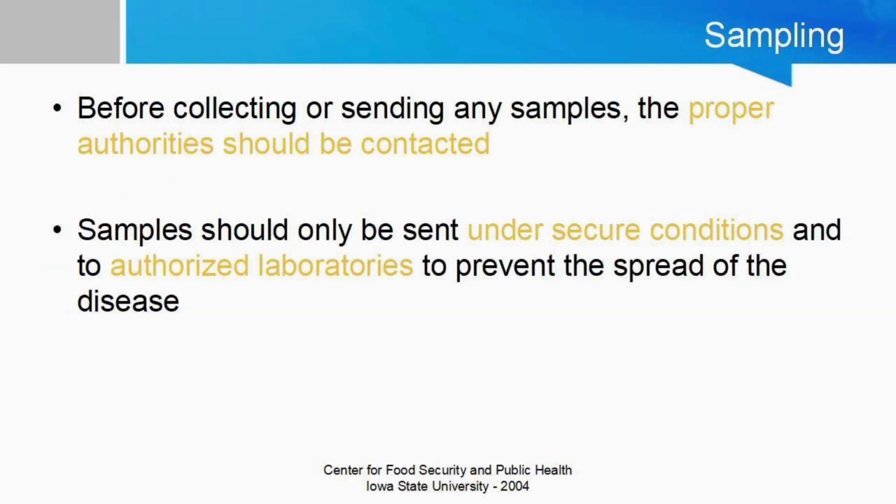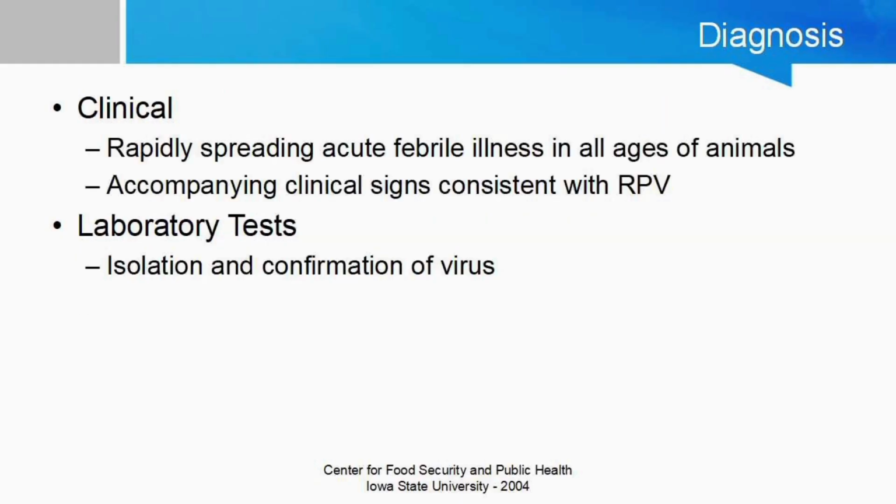Before collecting or sending any samples from animals with suspected foreign animal disease, the proper authorities should be contacted. The samples should only be sent under secure conditions and to authorized laboratories to prevent the spread of this disease. Clinical diagnosis can be made if a disease with the appropriate clinical signs is recognized in all age groups of a herd.